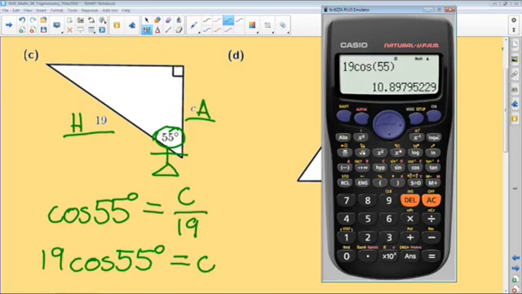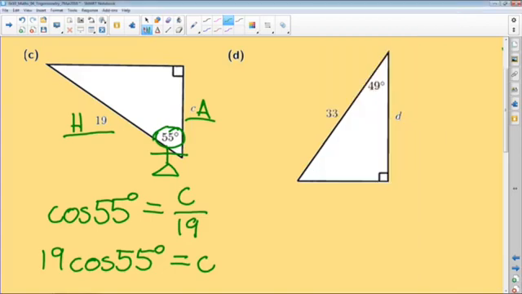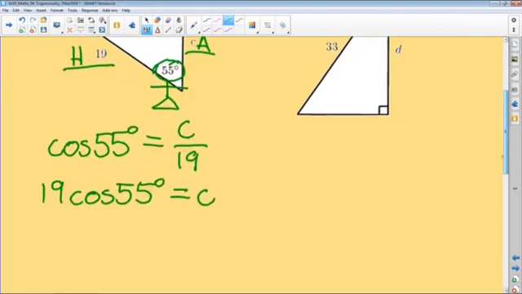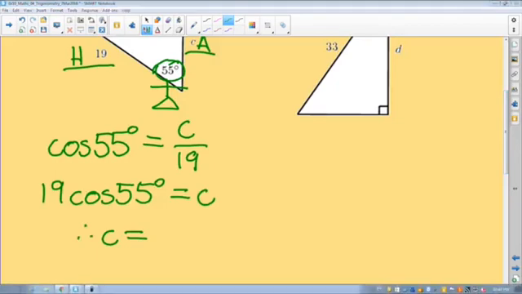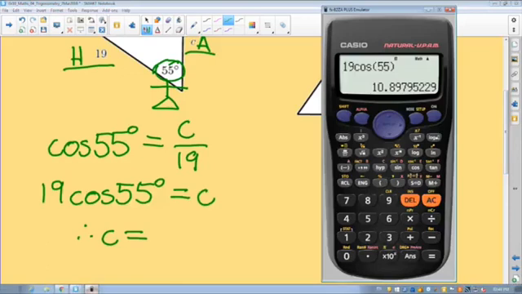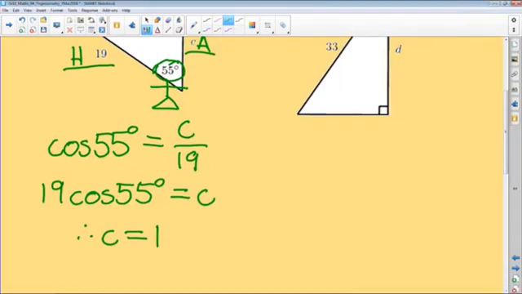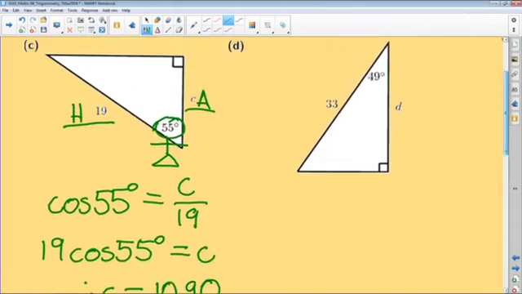So I'm going to round it off to 10,90. Therefore, C is equal to 10,90. Now C is a length, so it's not degrees, it's just in units.